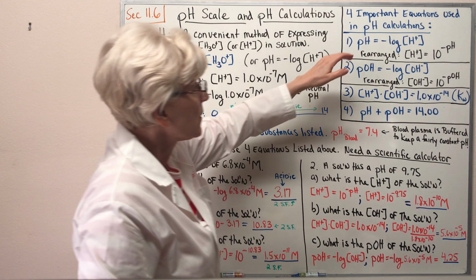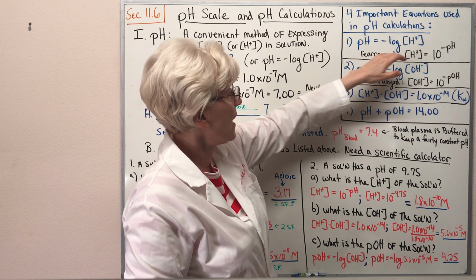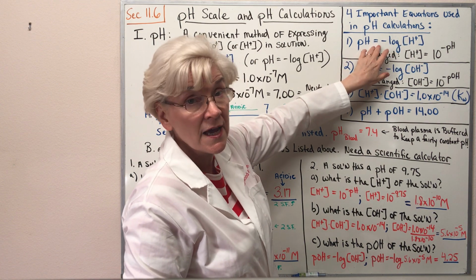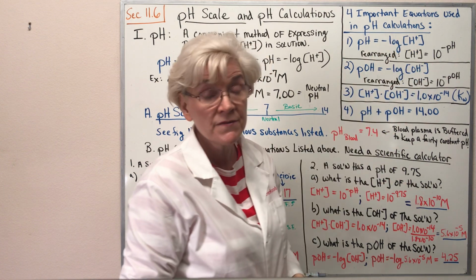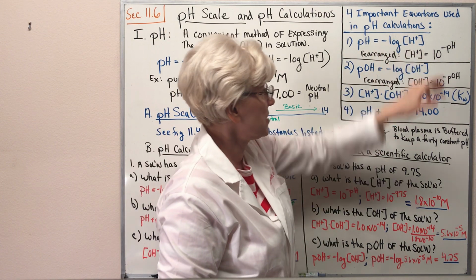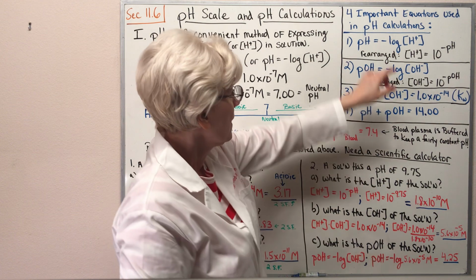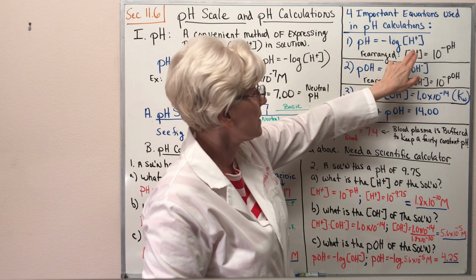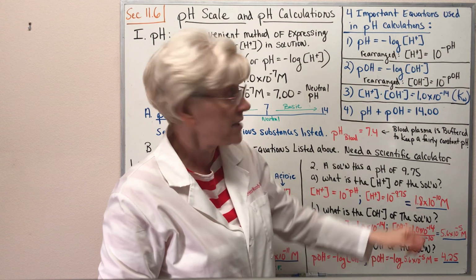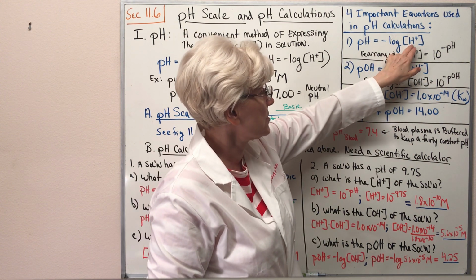There are 4 important equations used in pH calculations, and we've just looked at the first of them. pH is the negative log of the hydronium or hydrogen ion concentration. Now you can take this equation and rearrange it to solve for the hydronium or hydrogen ion concentration.